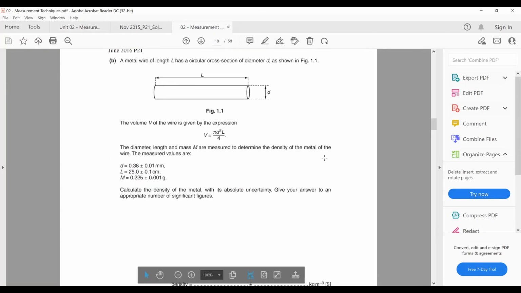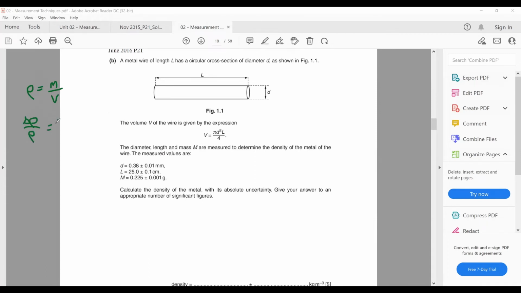Right, so just to reiterate for you, there was one method that I was telling you just now. If rho is equal to m over v, then fractional uncertainty of density is equal to fractional uncertainty of m plus fractional uncertainty of v. While you may be able to find the fractional uncertainty of mass easily from the given values here, fractional uncertainty of v cannot be found directly.